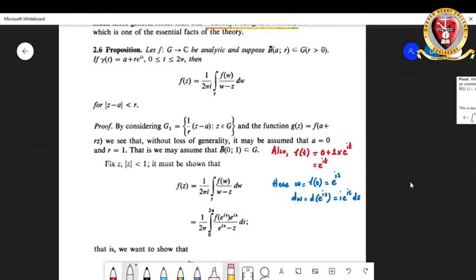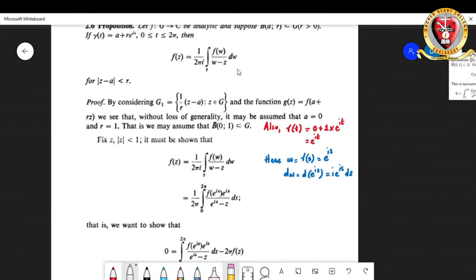Now what we have to show is that f of z is equal to 1 by 2 pi i integral over gamma of f of w divided by w minus z dw. And here we have w equal to gamma of s. We are using the definition of line integrals here because we know what gamma is according to its parameter and the variation of the parameter.